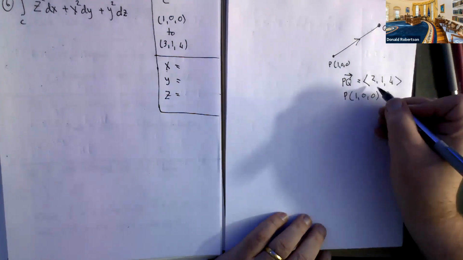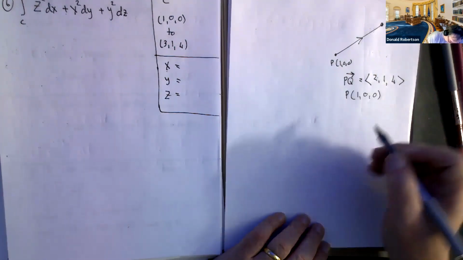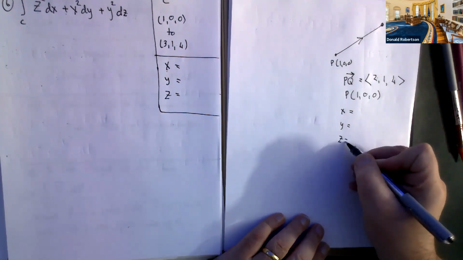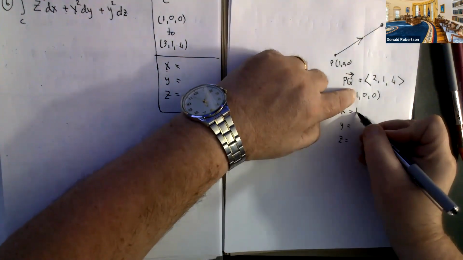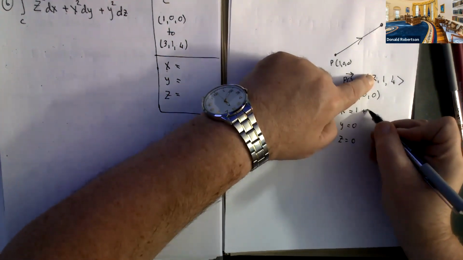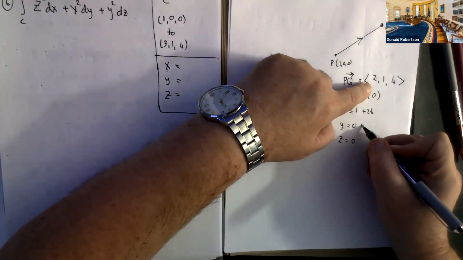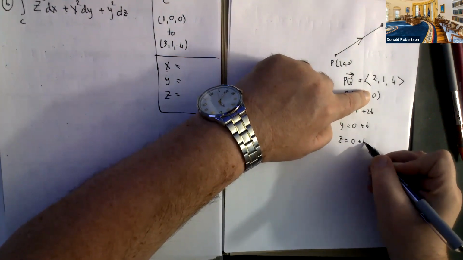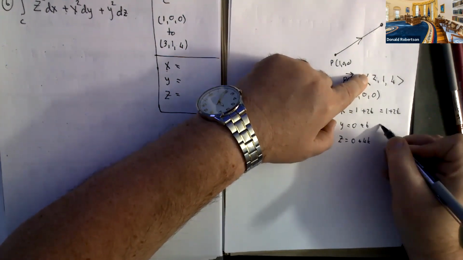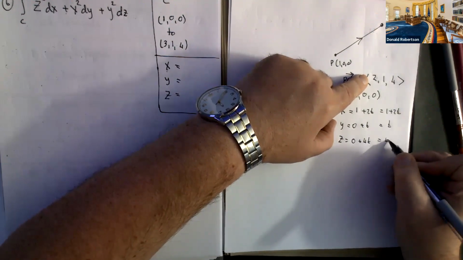Okay. So this guy and this guy can now be used to get your equation. 1, 0, 0. 2 gets me 2t. 1 gets me 1t. And 4 gets me 4t. So that guy, and that guy.